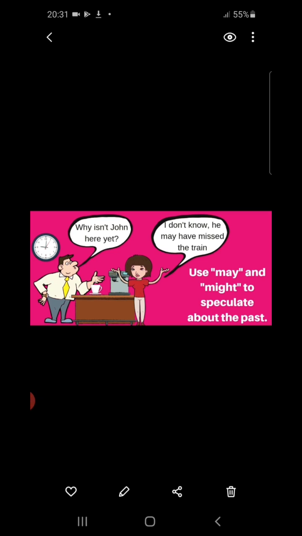So, something which had happened or which has already taken place, that activity is being conveyed by the use of may or might.